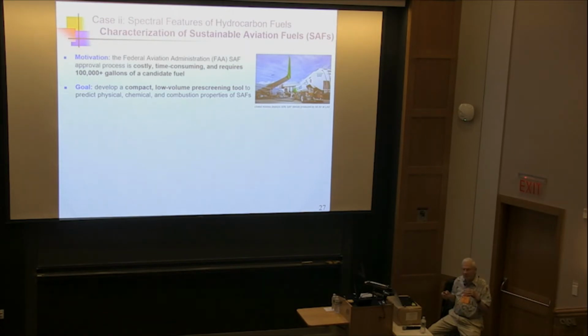And I'd argue that because these are hydrocarbons, and the hydrocarbons have infrared spectra that depend upon the structure of the fuel, if I have a good enough measurement of the spectrum, I can use machine learning to tell you what the composition is, or at least what the primary components are.